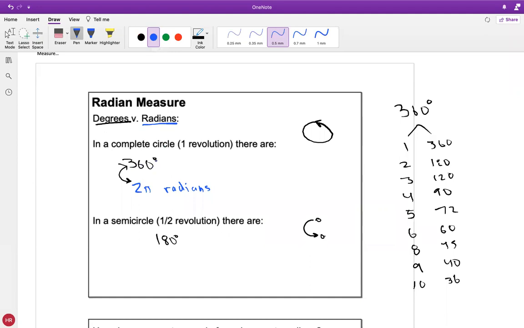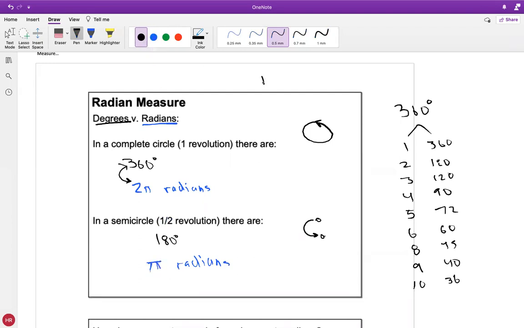Now, 360 is twice 180. 180 is 1/2 of 360 because it's a full revolution versus a half revolution, which means that if a full circle is 2 pi radians, then a half circle must be half as many radians. And half of 2 pi is 1 pi radians. A semicircle, half a complete turn, half a revolution is 180 degrees and pi radians.